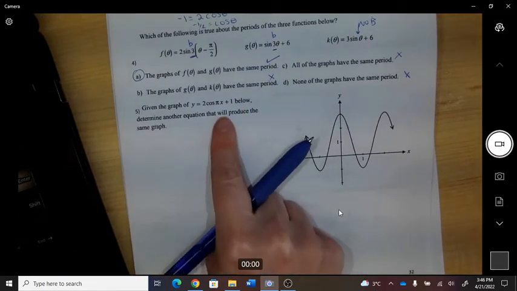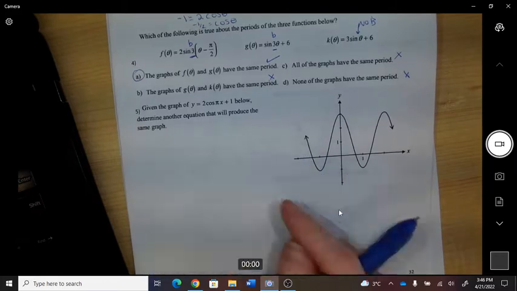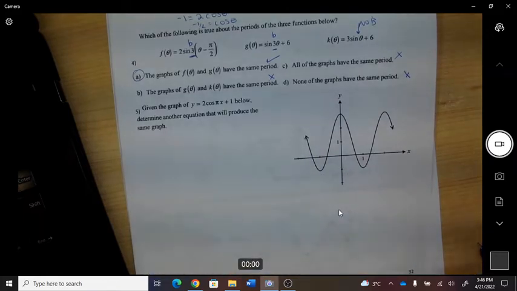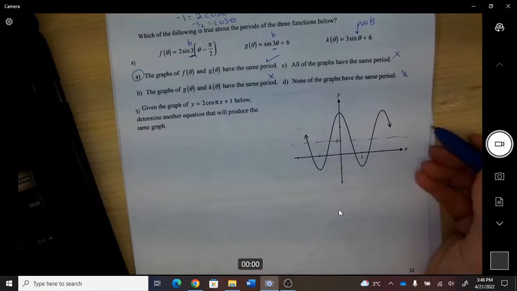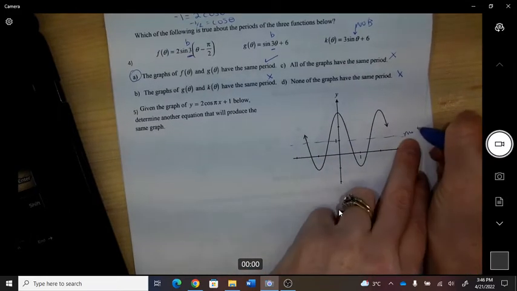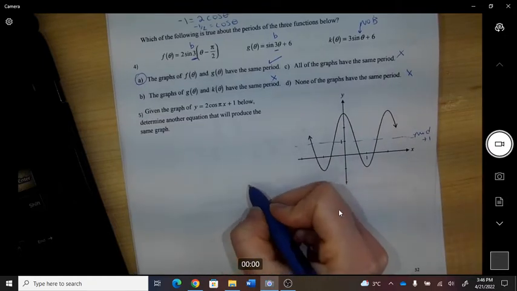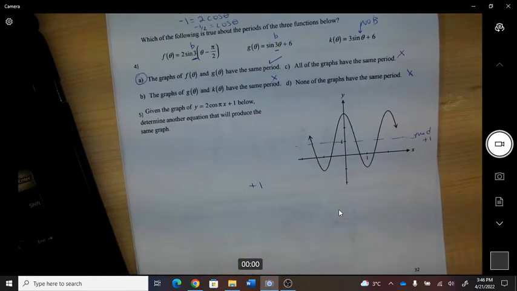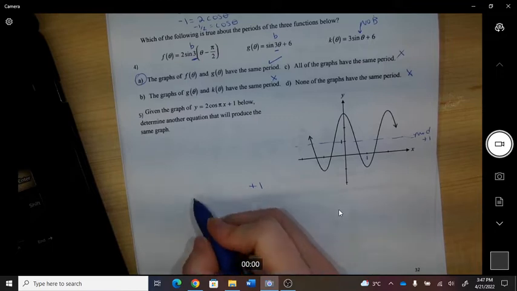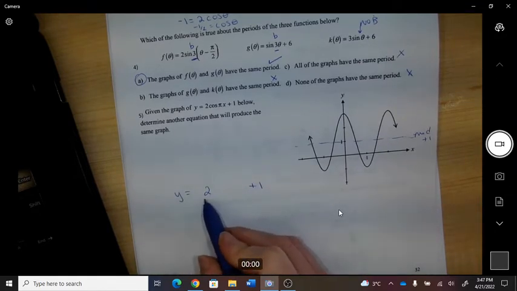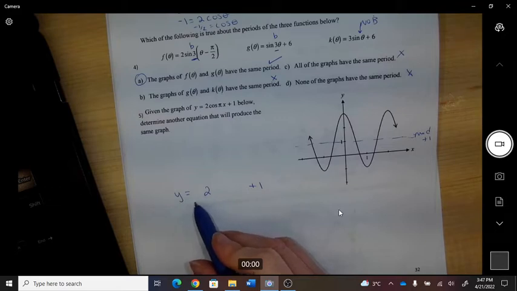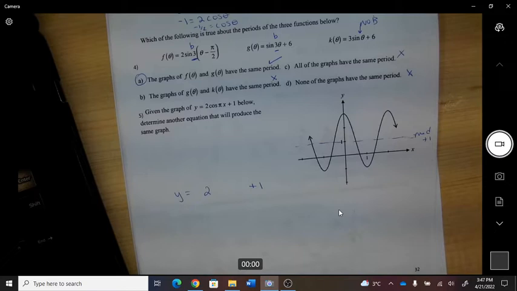Given this graph below, determine another equation that could produce that. Okay, so there's multiple ones, but for sure the mid will have to be a +1, no matter what. And for sure you're going to need some kind of 2, whether it be a 2 or a -2. There has to be some kind of 2 in the front.